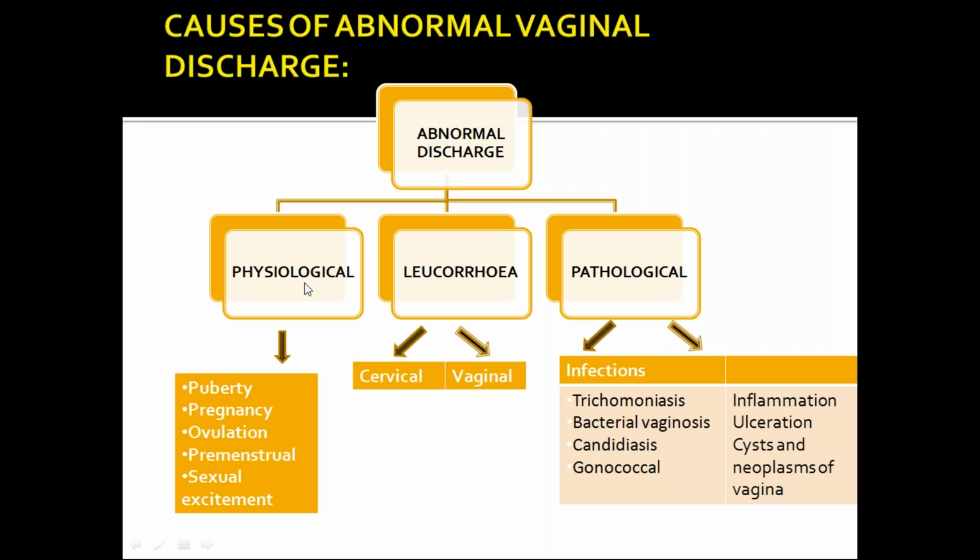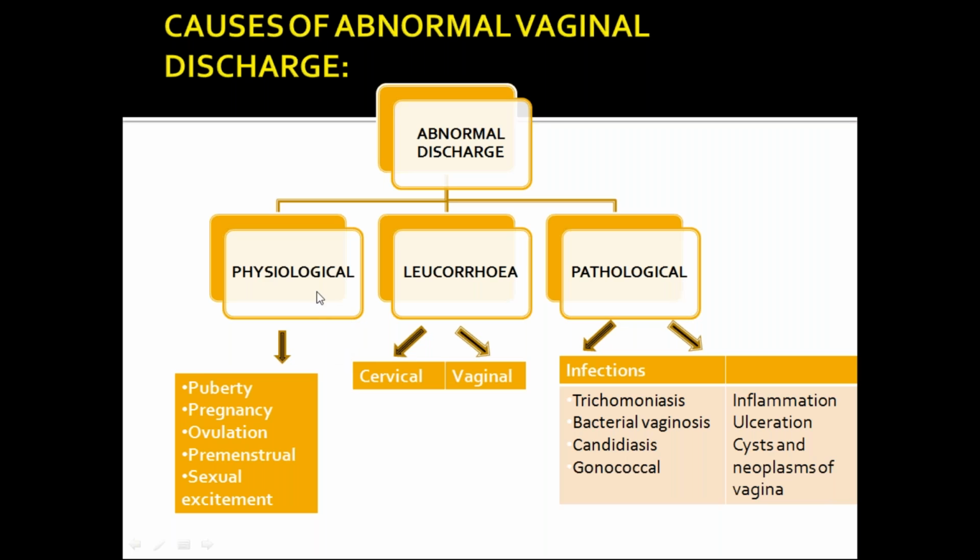So what is abnormal? Abnormal can be in the amount. We can classify the amount as moderate: the discharge will stay in the underclothes and she needs frequent changing and washing.